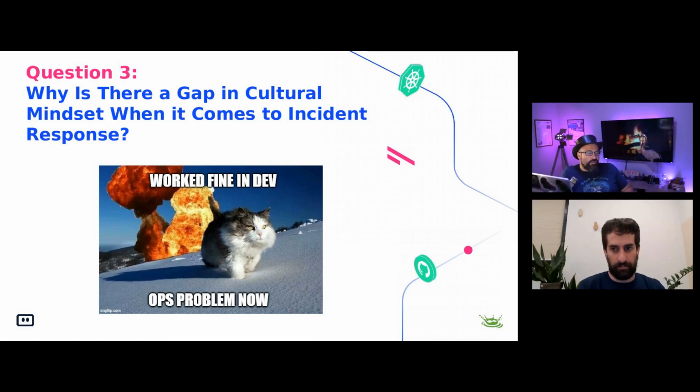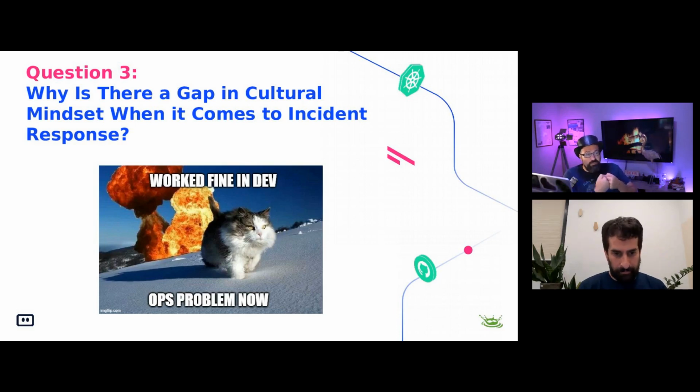We solved a huge problem of throwing things across the silo, right? We no longer commit the code and go home, like in this meme, "worked fine in dev, and now it's ops problem." When we do the deployment, we take ownership as developers. It goes all the way to production.